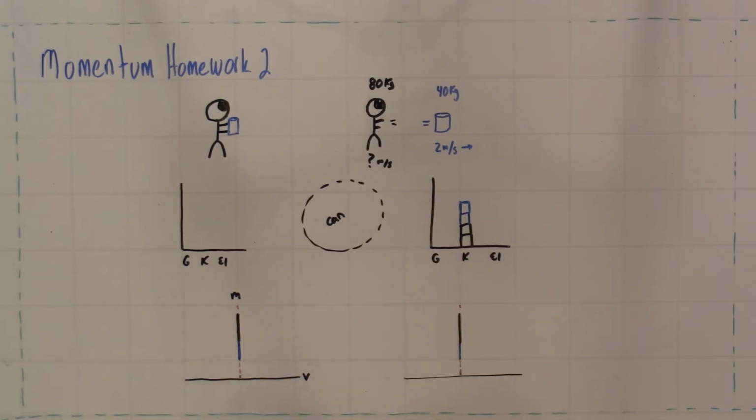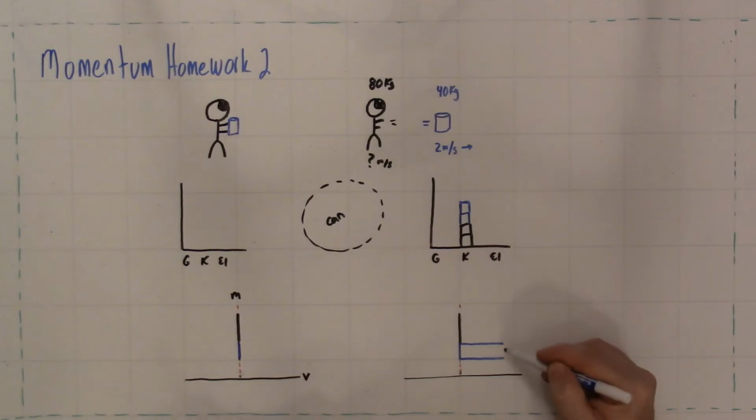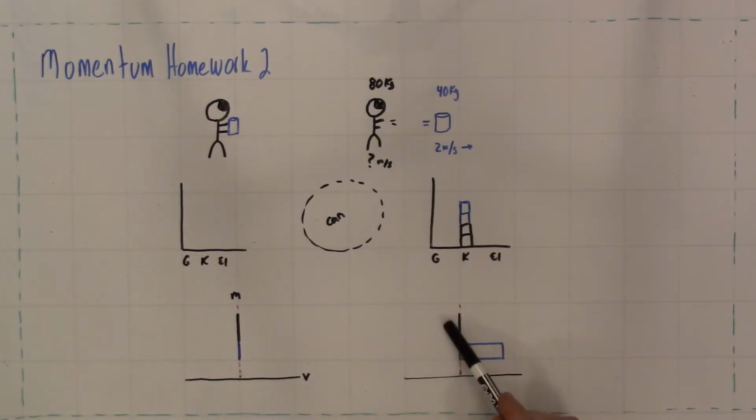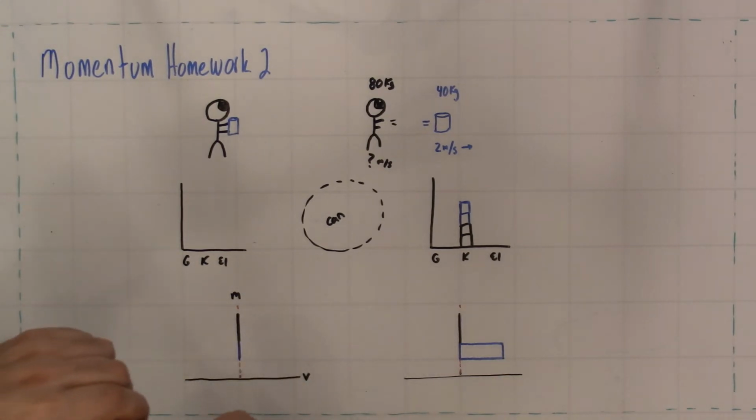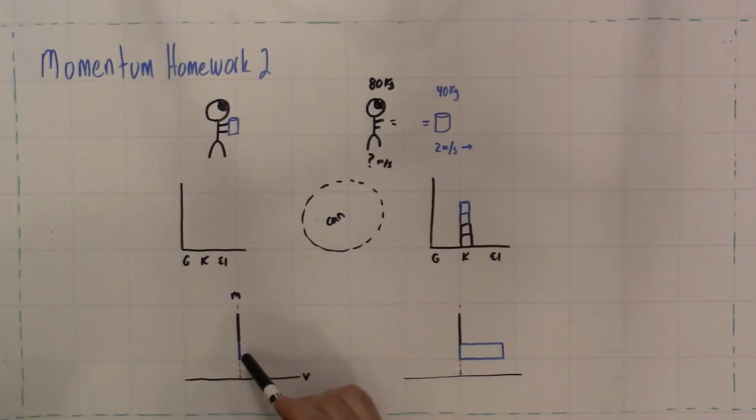And what do we know? This one's moving to the right at 2 meters per second. And what's this guy doing? He's moving to the left. So I think what we have to consider here is nobody is moving here. So the total momentum, this total motion quantity over here is equal to 0.